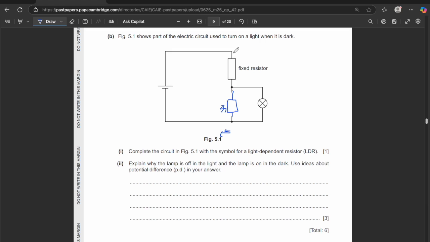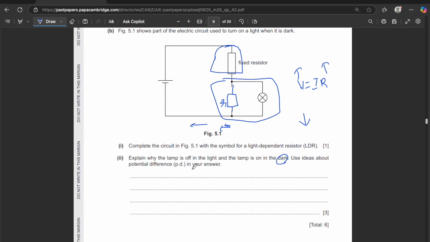So you have to know that these two items are in a series circuit, which means the current is the same in both of them, but the potential difference will be shared. So as I said, in the dark, light intensity decreases, the resistance will increase, and according to V is equal to IR, where I is constant, if resistance increases, voltage increases. And because they are in parallel connection, they get the same voltage, so the lamp voltage will also increase. So you have to write that out.